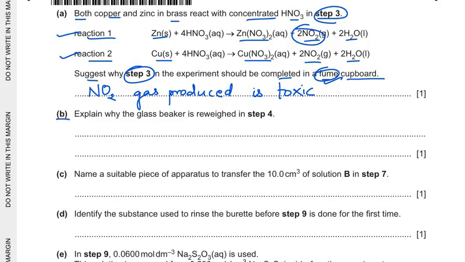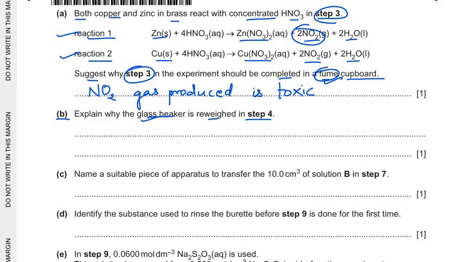Next sub-question is explain why the glass beaker is reweighed in step 4. Now I've already told you that we are measuring the mass of the empty glass beaker, reweighing in step 4. Why? To exactly find out the mass of brass transferred.